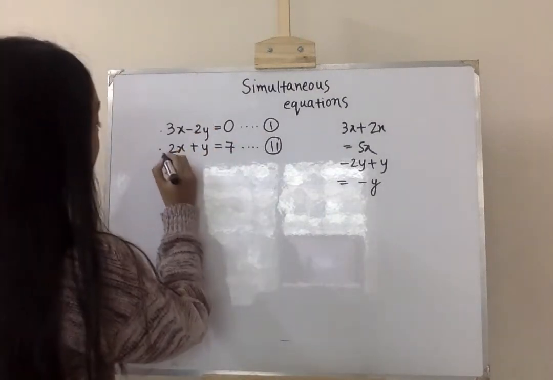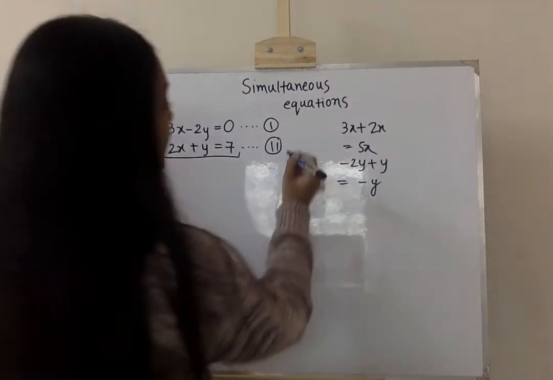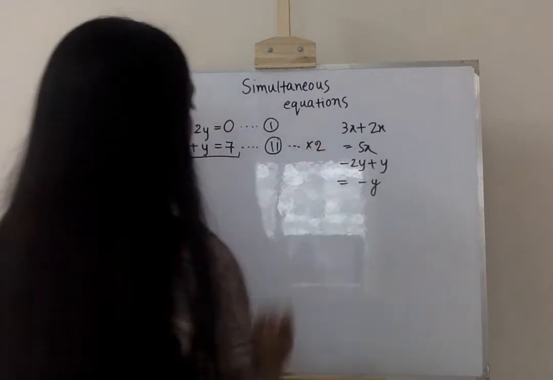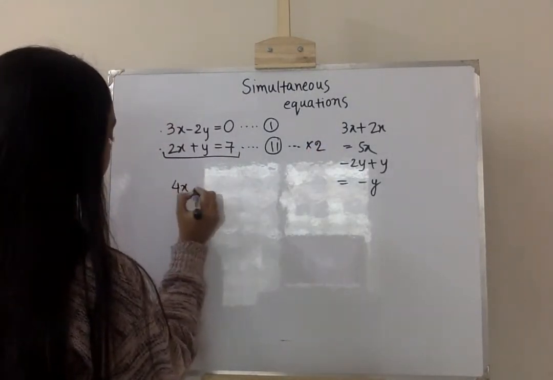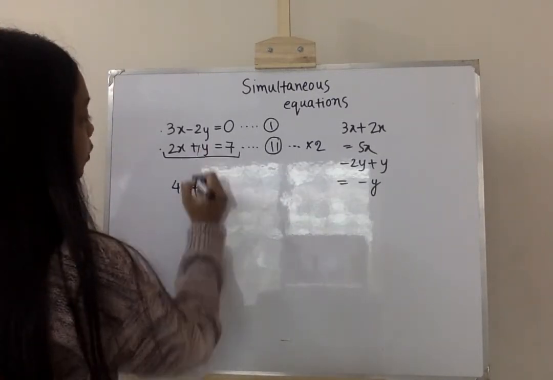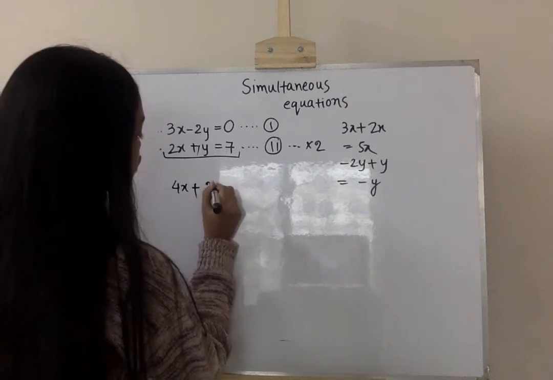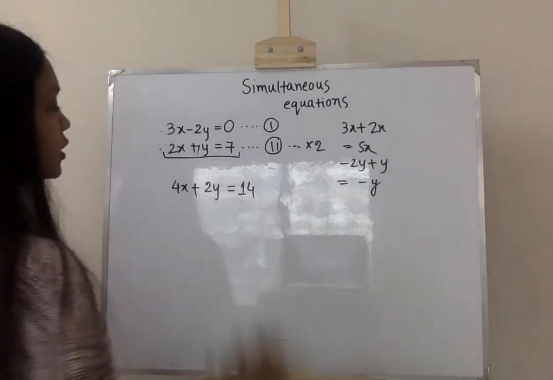So in this case, if we multiply this entire equation by 2, we can see that 2 into 2 is 4x plus 2 into 1, there is an imaginary 1, 2 into 1 is 2y is equal to 14, since 7 into 2 is 14.